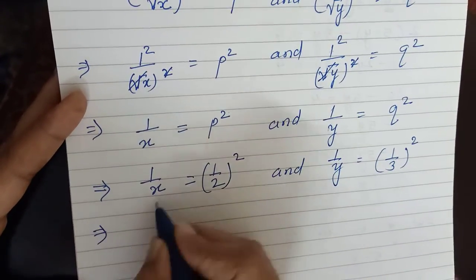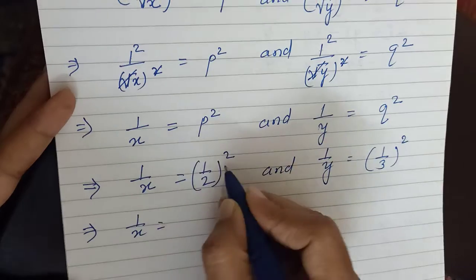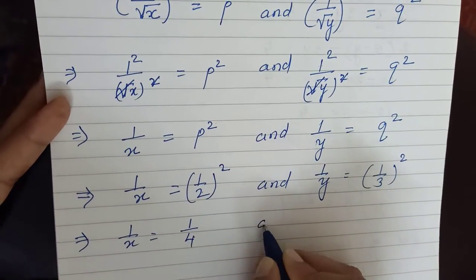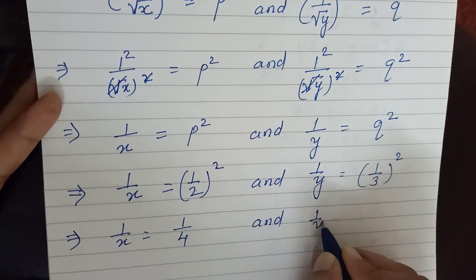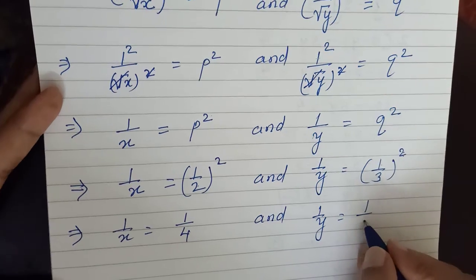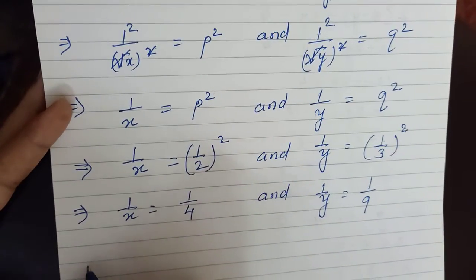Now we will solve this. 1 upon x equals, the square of 1 is 1 and the square of 2 is 4, and 1 upon y equals, the square of 1 is 1 and the square of 3 is 9.